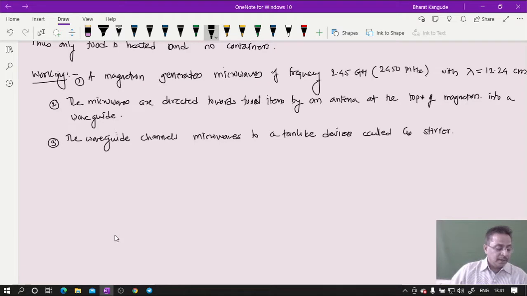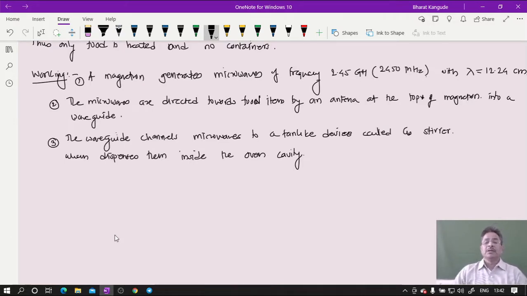Stirrer, which dispenses them inside the oven cavity. So that is the function of this waveguide, which channels microwaves to a fan-like device called a stirrer, which dispenses them into the oven.